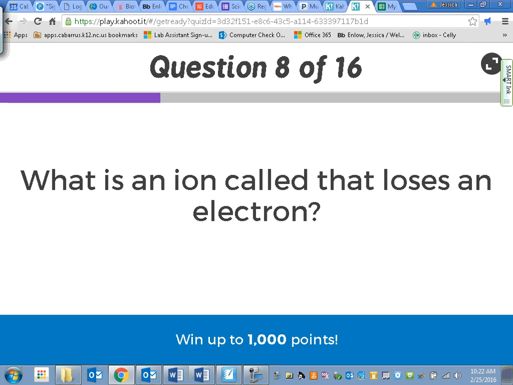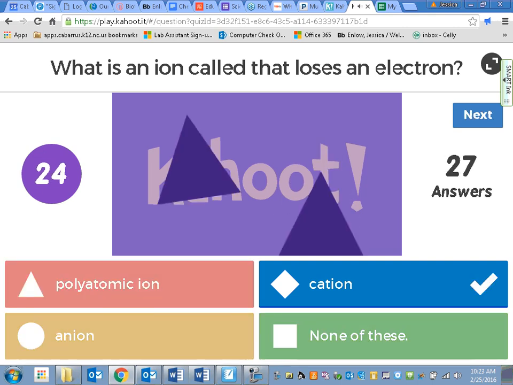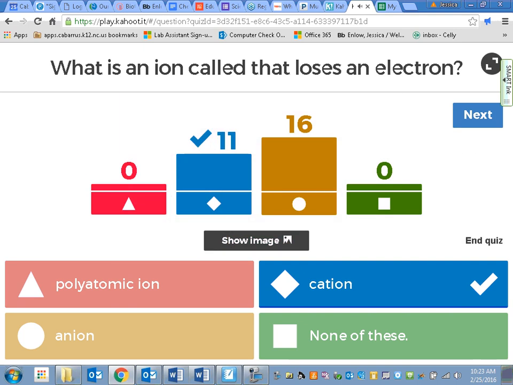What is an ion called that loses an electron? Nice. Okay. Losing an electron makes you overall more positive, a cation. Are we good on that? We're just being brain fartish. Stop brain farting. No more.